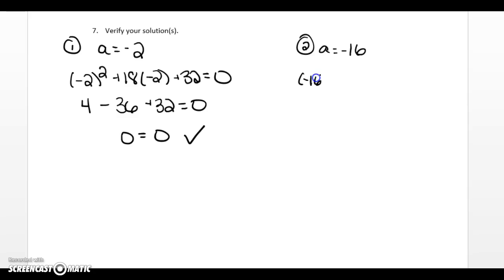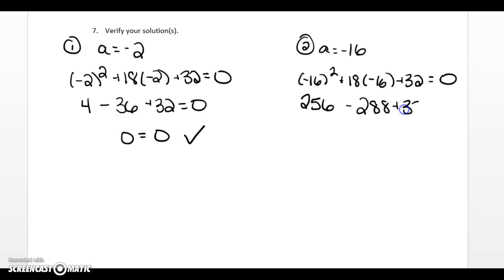So you have negative 16 squared plus 18 times negative 16 plus 32 is equal to 0. Negative 16 squared is 256, plus 18 times negative 16 is negative 288, plus 32 is equal to 0.